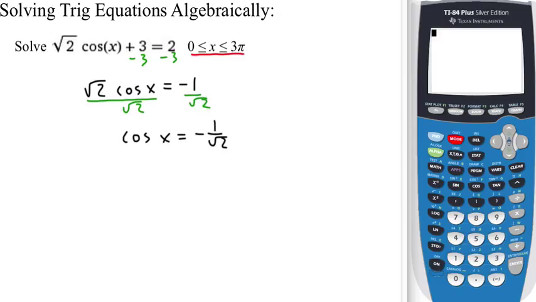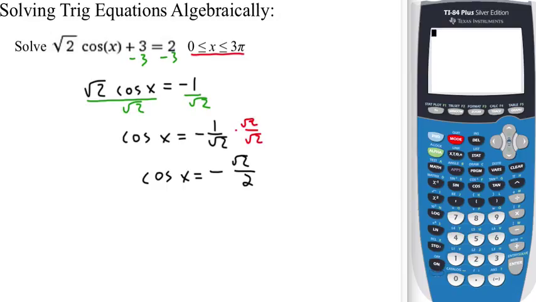Now this might not look familiar to you, but if we were to rationalize the denominator, so multiply by root 2 over root 2, what we end up with now is cosine x equals negative root 2 divided by 2. And that is something that should seem familiar to you.